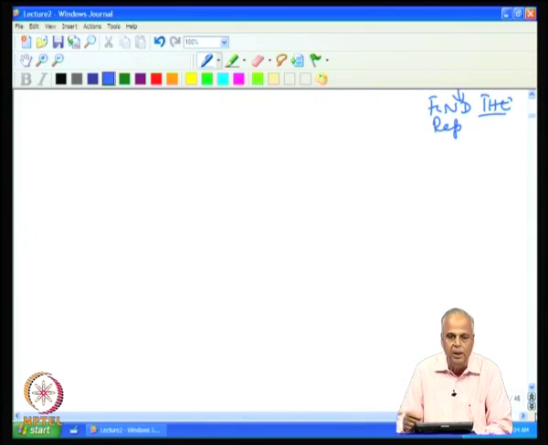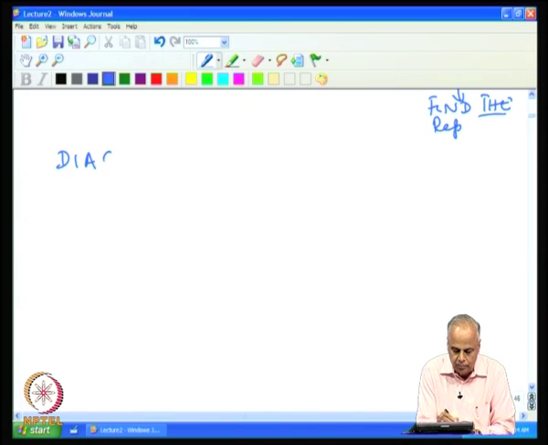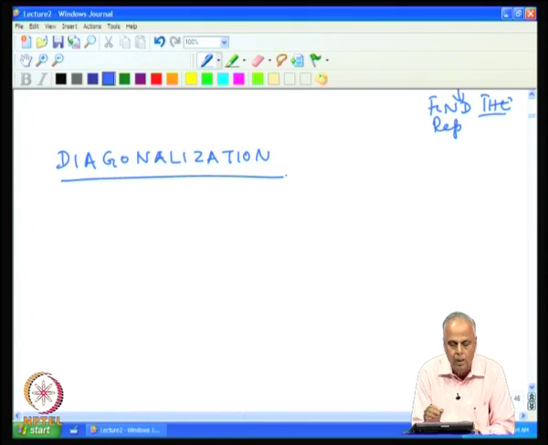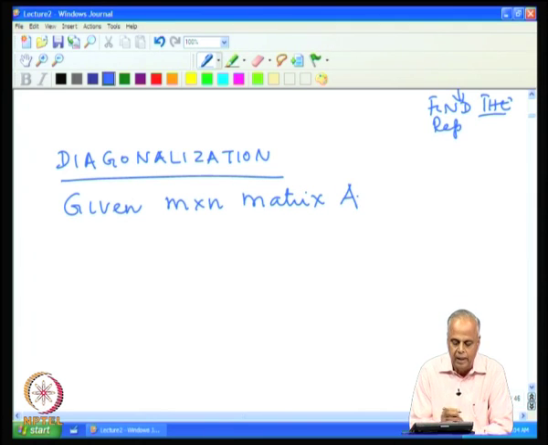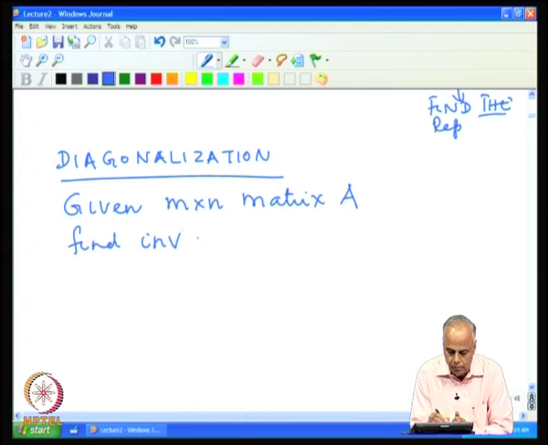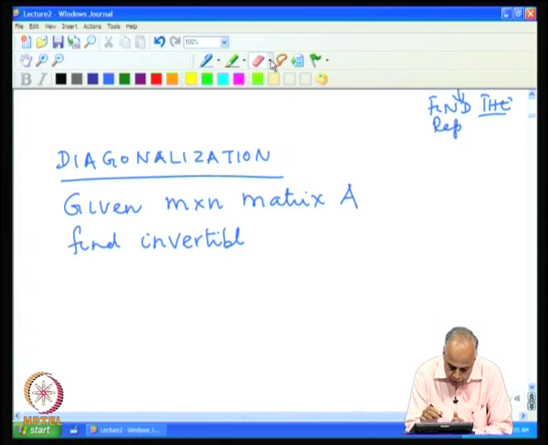The other problem that we discussed was basically about diagonalization. The question was, given an m by n matrix A, find an invertible P. Now, let us look at a simple situation first.